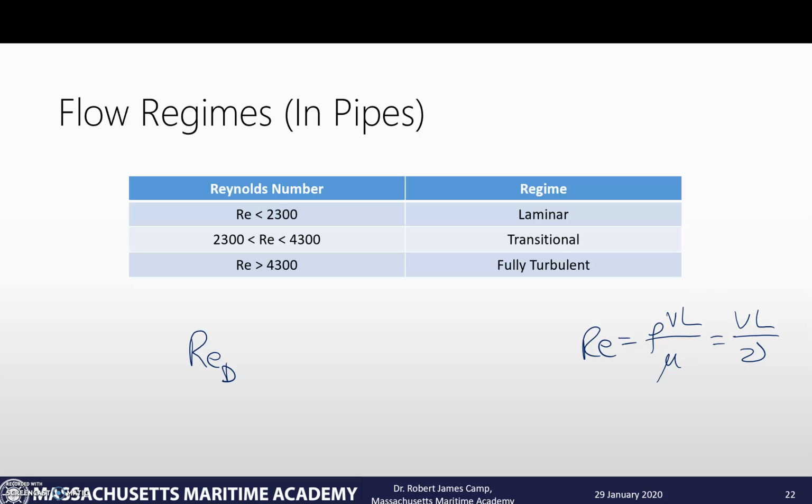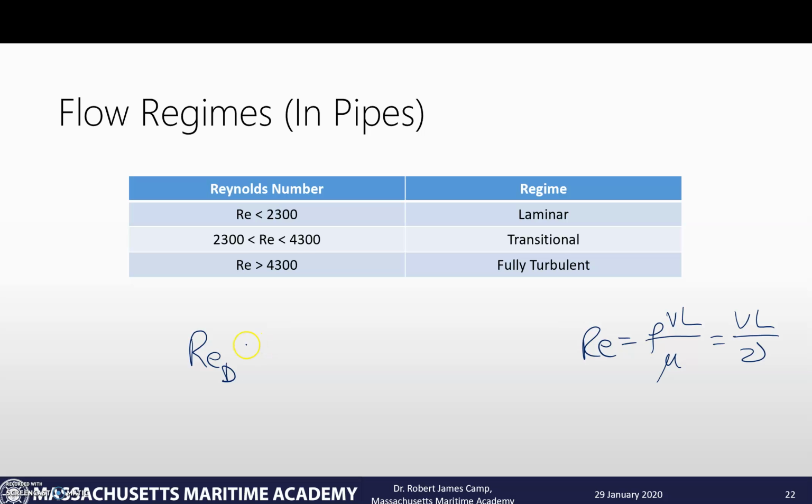One of the biggest problems that I see students make is when they calculate Reynolds number for pipes, they're calculating it along the pipe length. That is not where the interesting stuff happens in a pipe. It's across the diameter. So we use Reynolds number sub D to remind us, oh yeah, my characteristic length is my diameter.